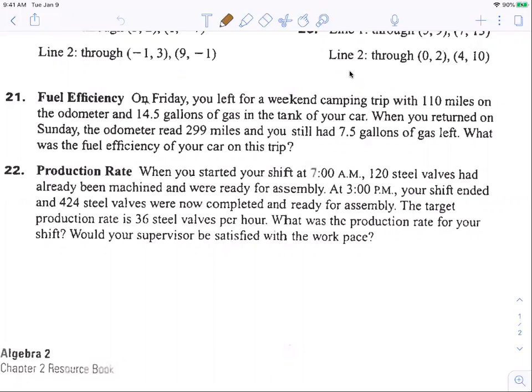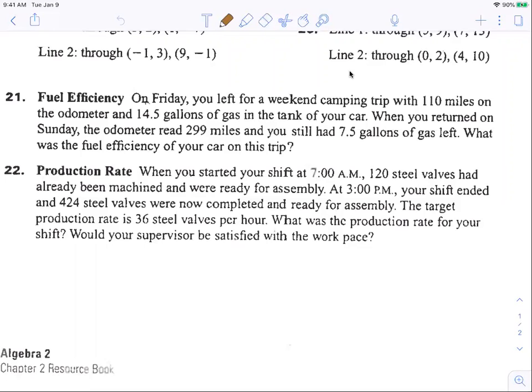There is a trip feature on a car. Each time I refuel with gas, I reset my trip feature so it goes down to 0. So this would be looking at it like I have 110 miles currently on this tank of gas and I have 14.5 gallons of gas in the tank.